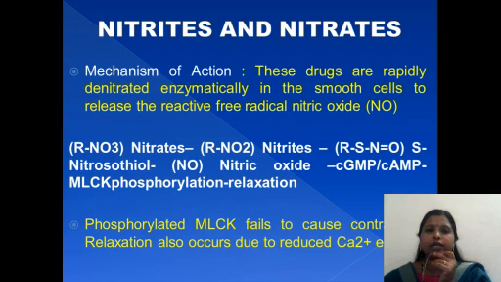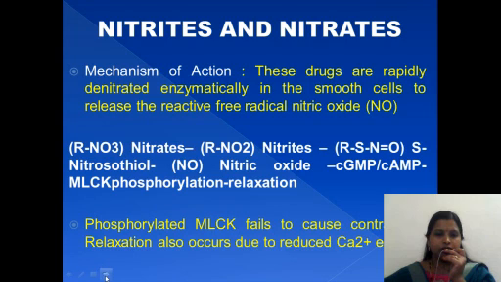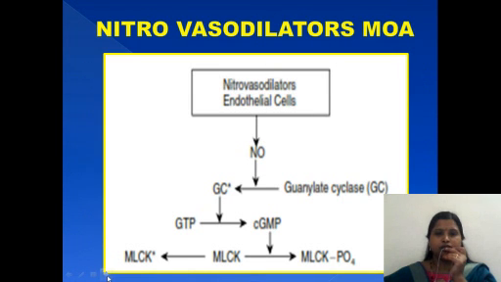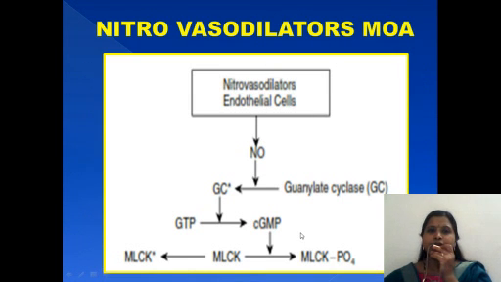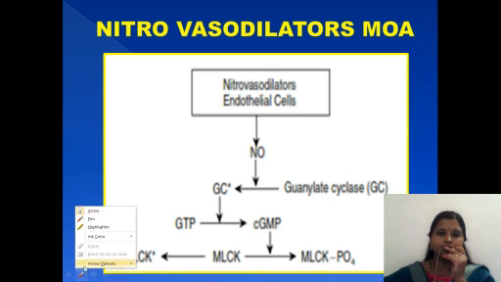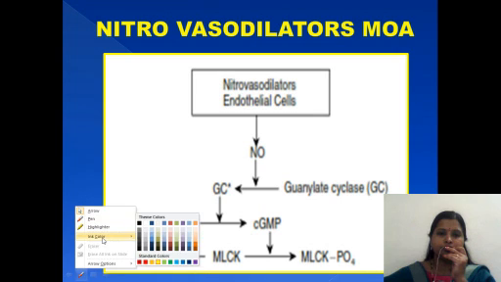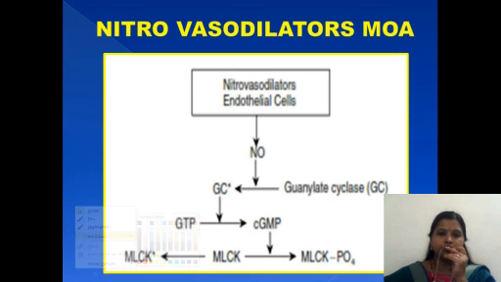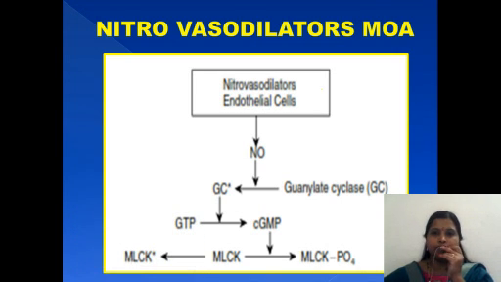So even that can also lead to the relaxation, as there is no availability of the calcium calmodulin complex formation. So this is the last slide of the nitrovasodilators mechanism of action, where whatever I have explained in the previous slides was shown here.